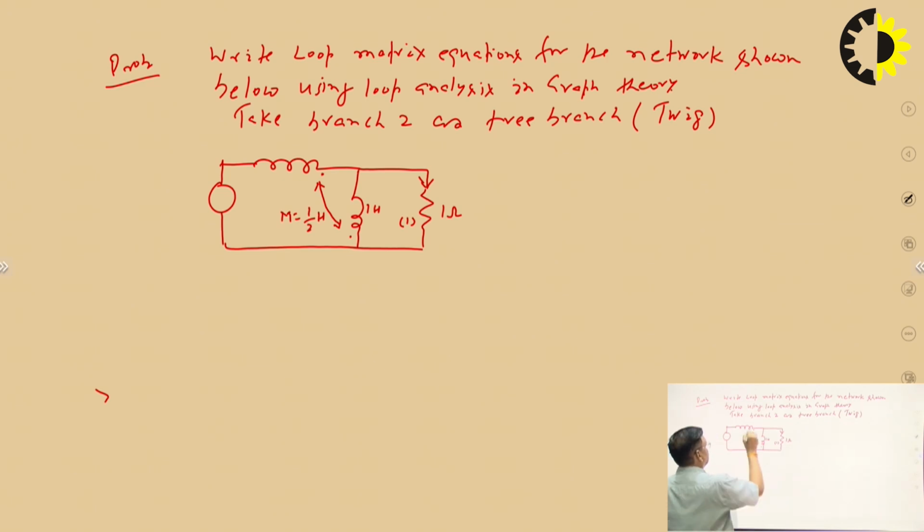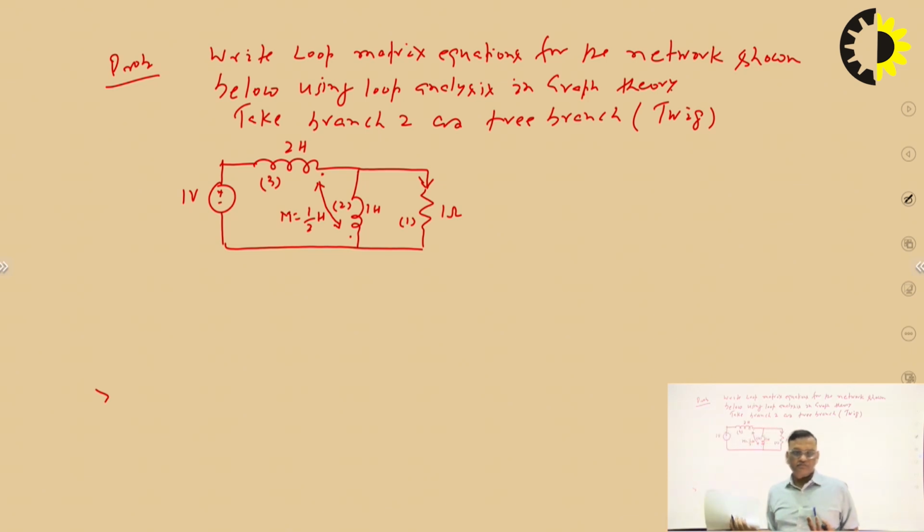This is 2 Henry, and this is branch number 3. This is branch number 2. This is a 1 volt voltage source. So this is a case where mutual inductance is present in the network.